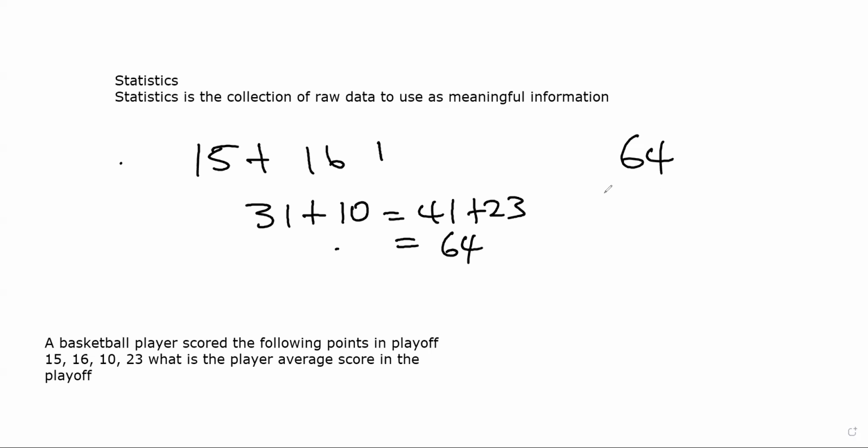And then when you're doing average, you're supposed to count how many numbers are there. And if you count 16, 15, 10, and 23, you have 4 numbers there. So you're going to divide 64 by 4, which is going to give you 16. So the average is going to be 16.